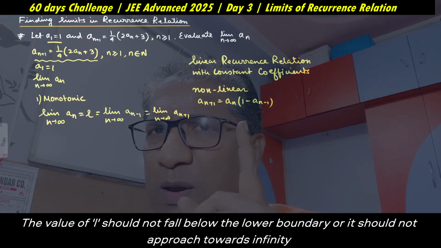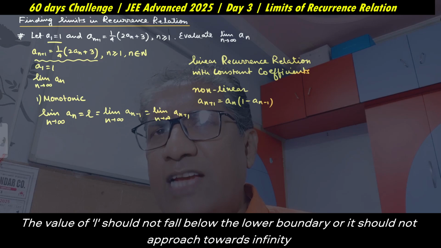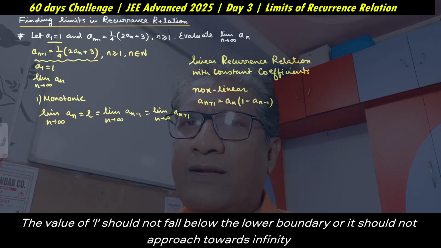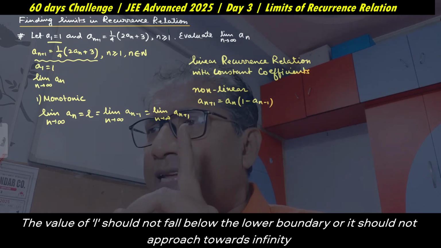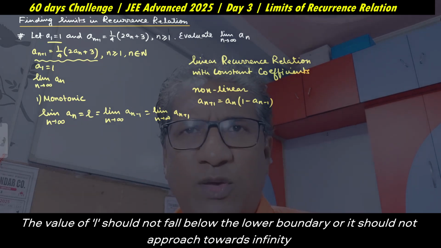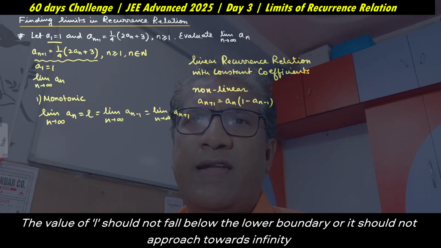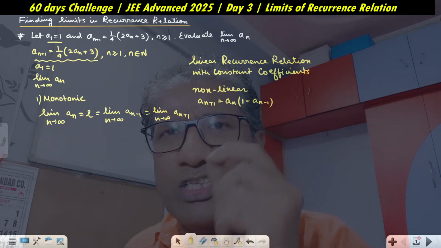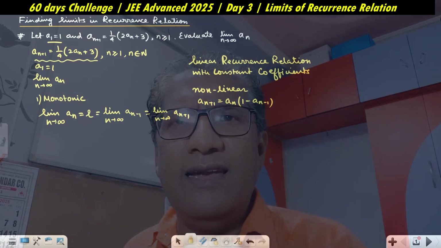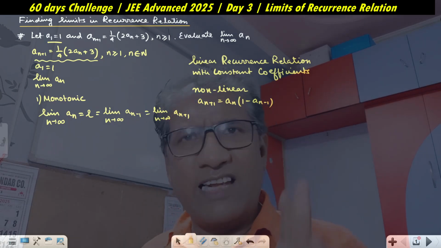So we must be very sure that the value of L that we get does not fall below 1. And number two, the limit as n tends to infinity of a_n, which is our L, should not approach infinity. If either of these two things happens, we will straight away say that the limit does not exist. Is it clear to all?